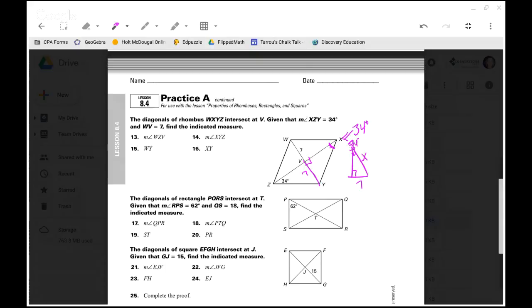Like, we know an angle measure, right? We know a side that's opposite from that angle.